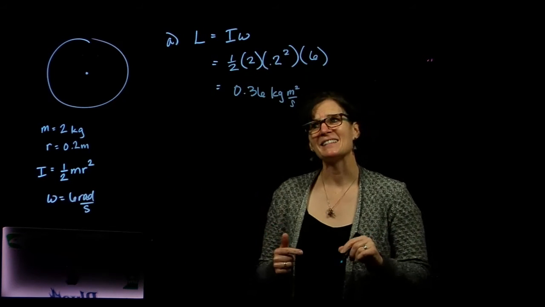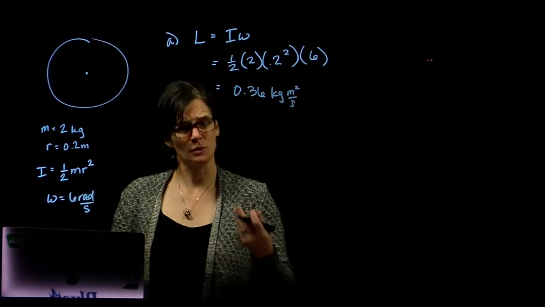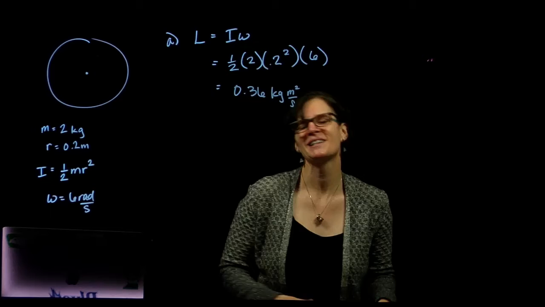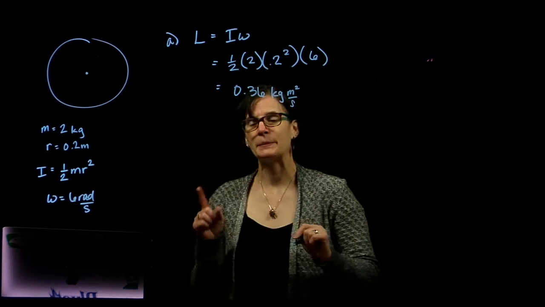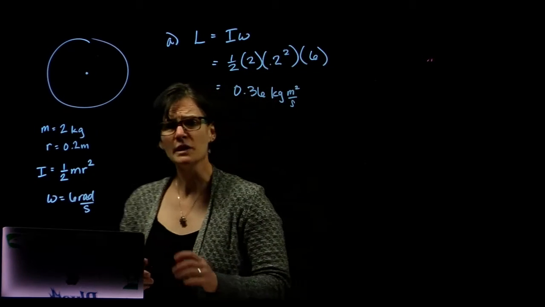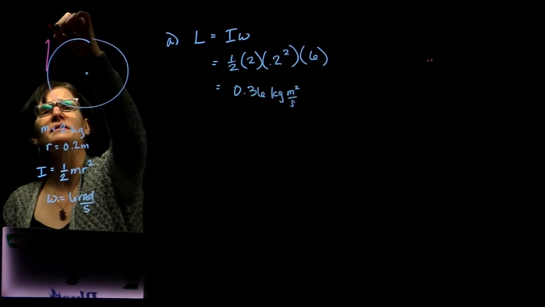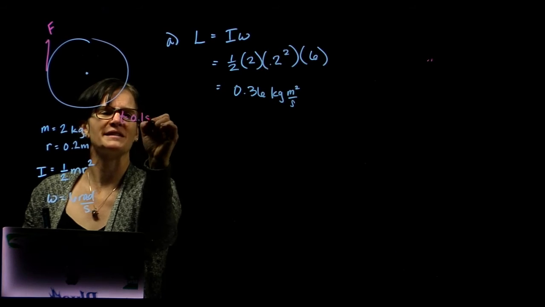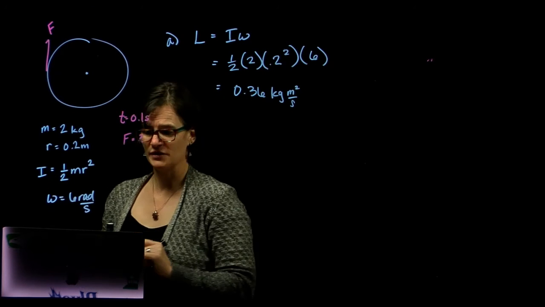Part B says, in order to get this object to that momentum, required a force, right? So in order to change an object's momentum, impulse, it requires a force. If that force acted perpendicular to the edge of the disc, so like this, and the time of that force was 0.1 second, what is the magnitude of that force?